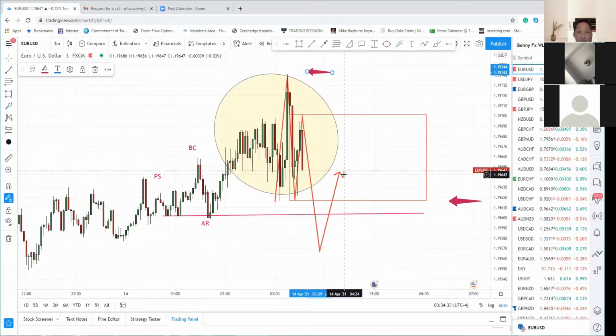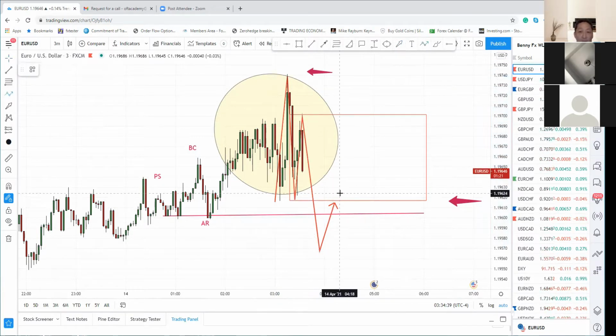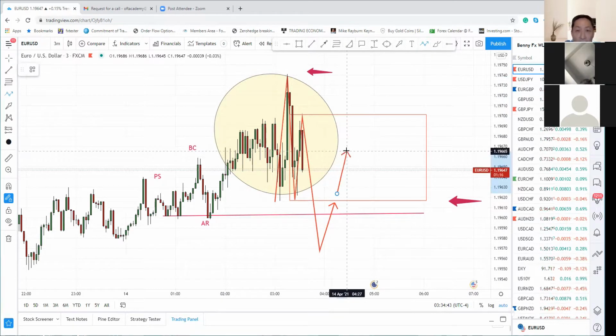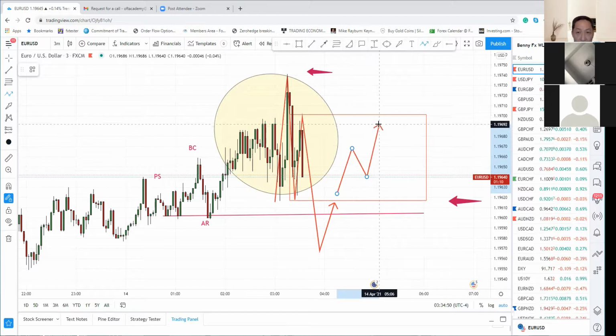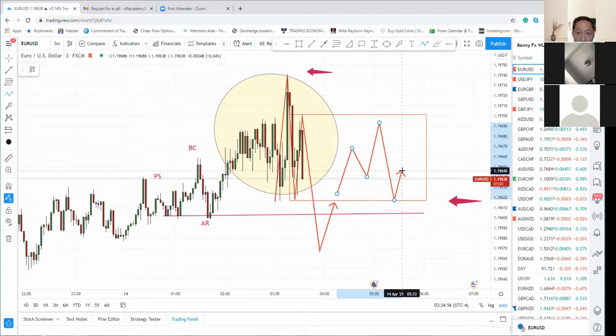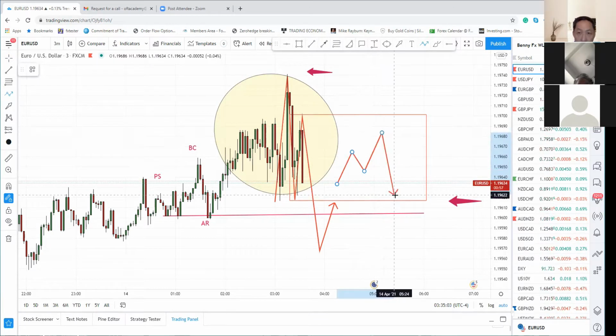As you go into the lower time frame, you don't have to look for distribution if you are not sure. What you can look for is this: you are looking for price to make a 1, 2, 3 reversal like this, and then a change of market behavior.